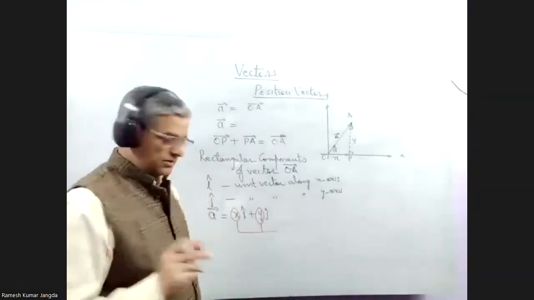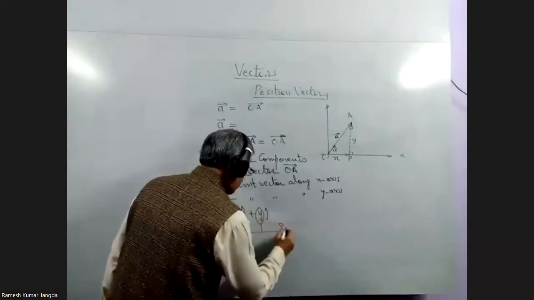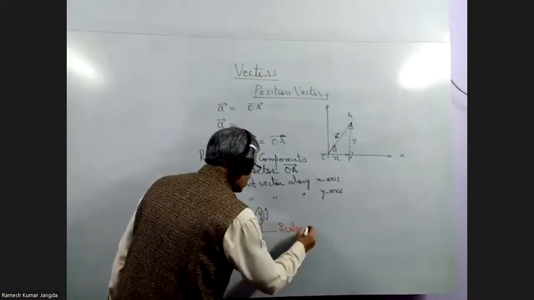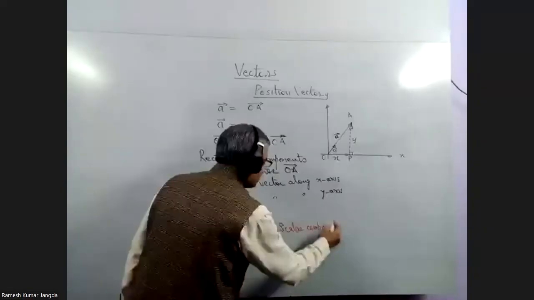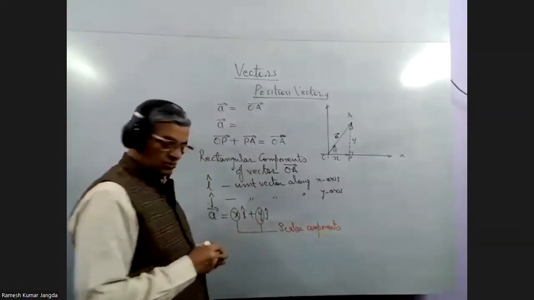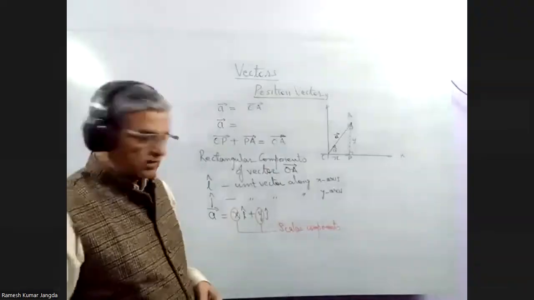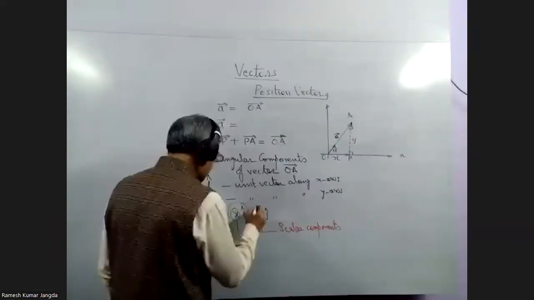The magnitudes of OP and PA. Yes, we call it scalar components. Okay? And what do we call this and this as a whole?